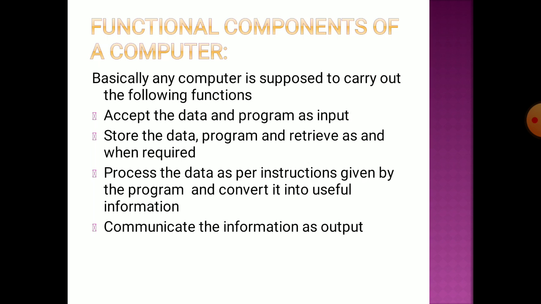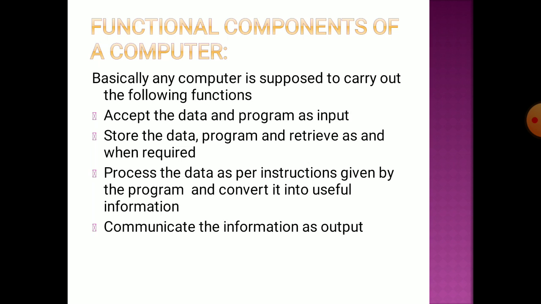The next point is retrieve as and when required. Here, retrieve as and when required means: all the data and programs are stored in your computer. When you want to read it or use it, at that time we have to open those files and execute those programs.